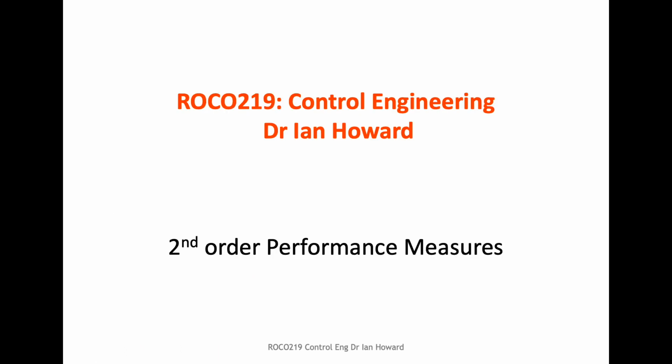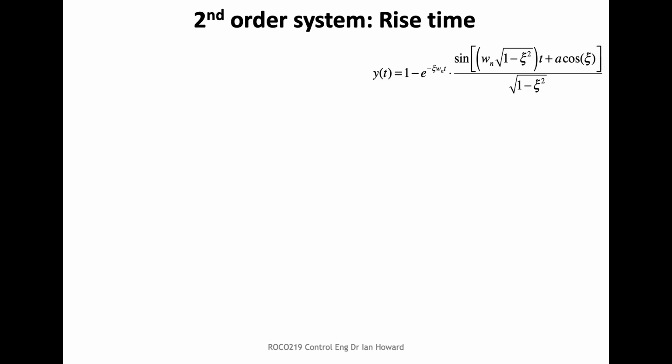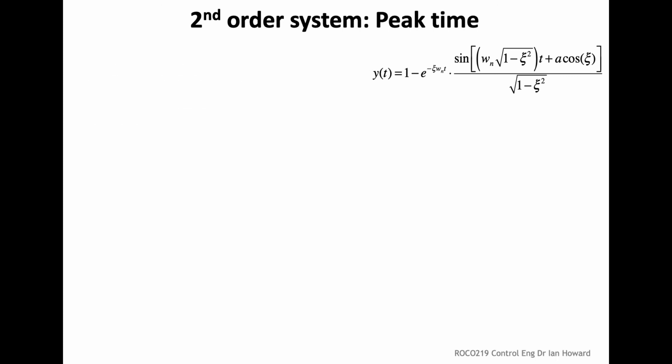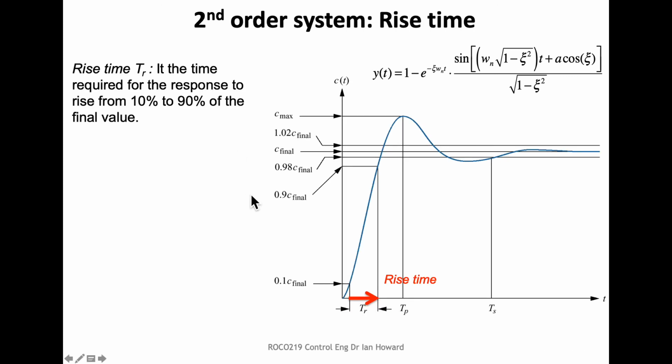Right. As a final note, it's good to know what basic times are relating to the responses, and there are a few important things that you should know about by looking at the waveforms of the responses, and one of them is the rise time. The rise time is the time it takes for the output of your system, when you give it a step input, to go from 10% to 90% of the value you're actually aiming for.